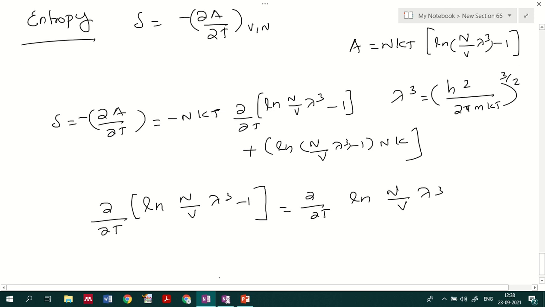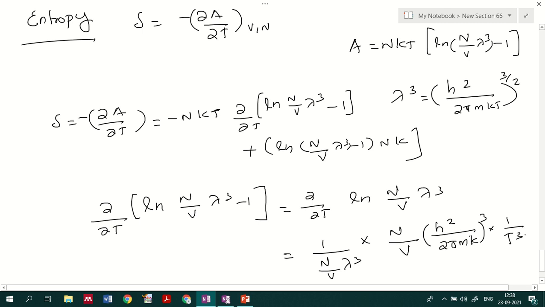So then you will be getting 1 by (N by V lambda cube) into N by V, h square by 2 pi mk, and T I take outside, so into 1 by T cube will be there. This is how I can represent the equation.